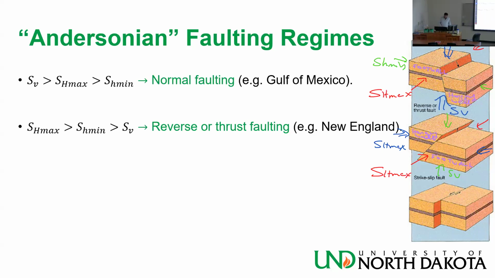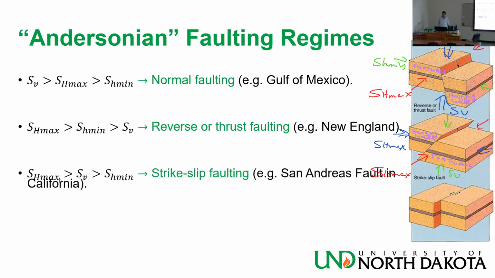Now, okay, we have two of those permutations. What about the third one? The third one is known as the strike-slip faulting. Strike-slip faulting is a little bit weird.